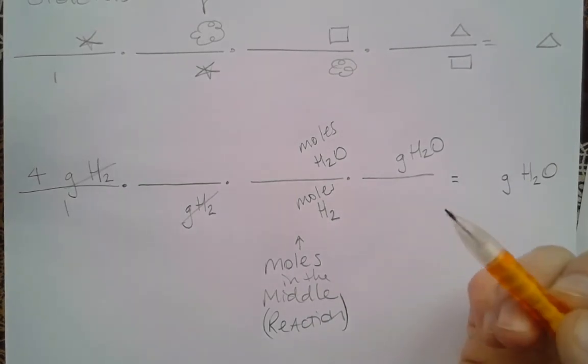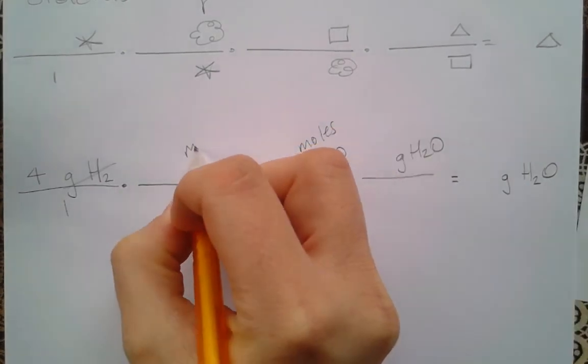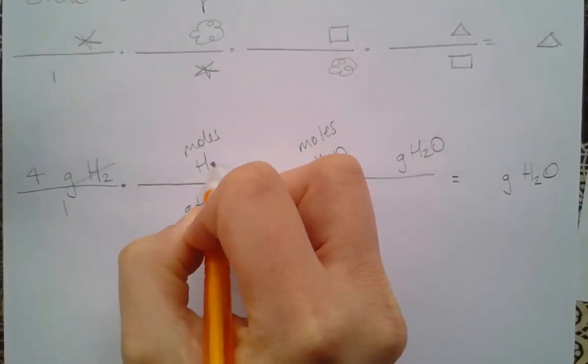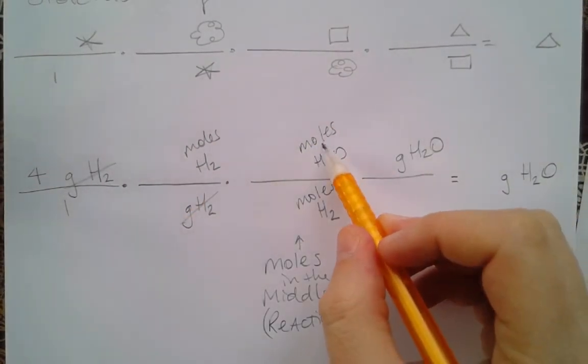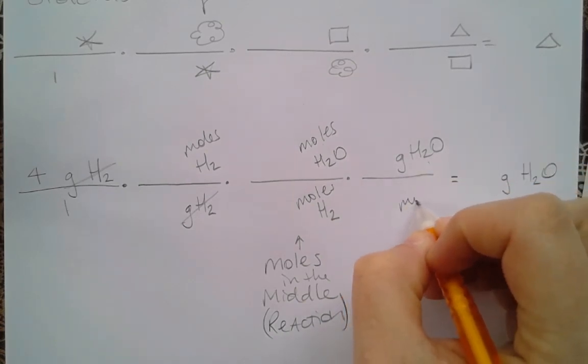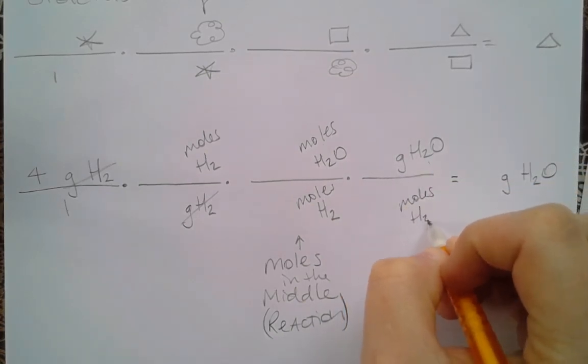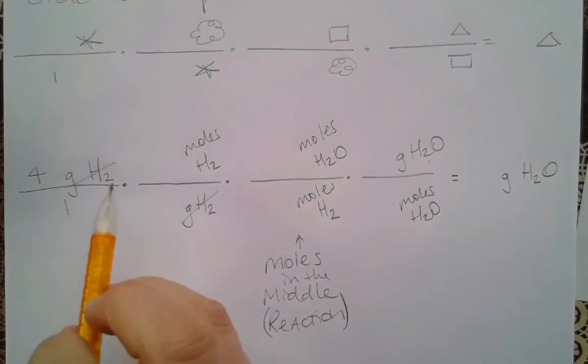Fill in some more of this pattern: you've got to get your grams of H2 into moles of H2. And for your final adventure, you've got moles of H2O that you're going to convert to grams of H2O. It does look a little bizarre the first few times.